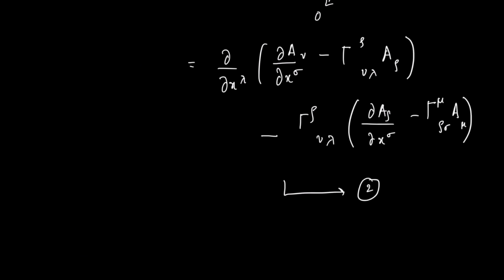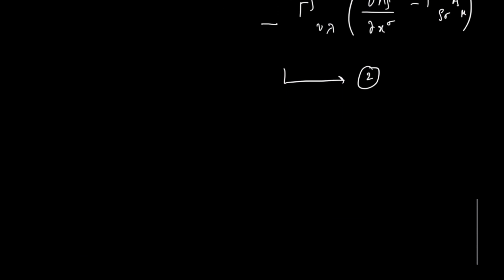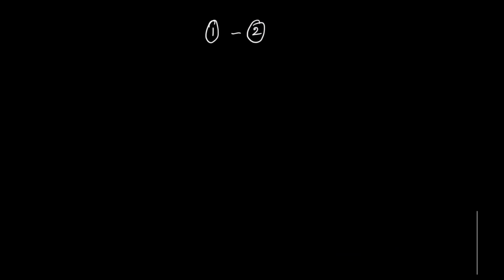Now I am going to subtract equation 2 from equation 1. If I subtract equation 2 from equation 1, on the left hand side I will get the covariant derivative of A nu with respect to sigma and lambda minus that with respect to lambda and sigma.